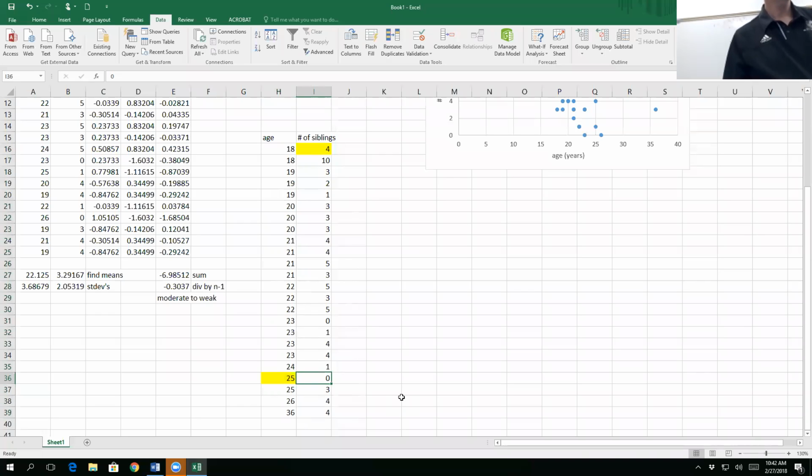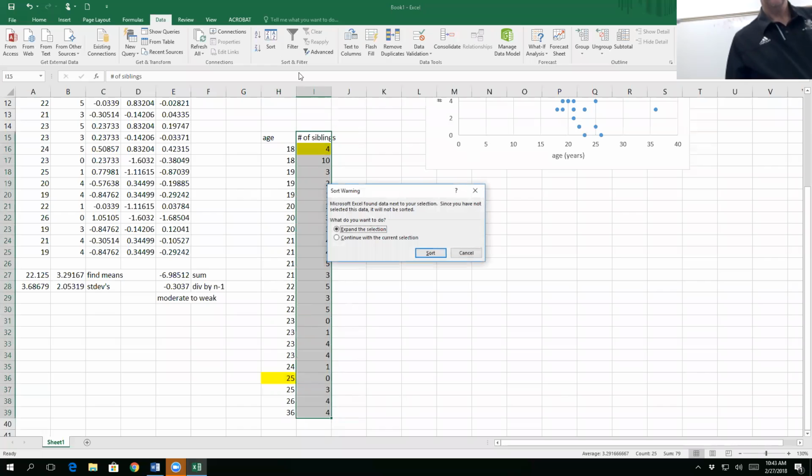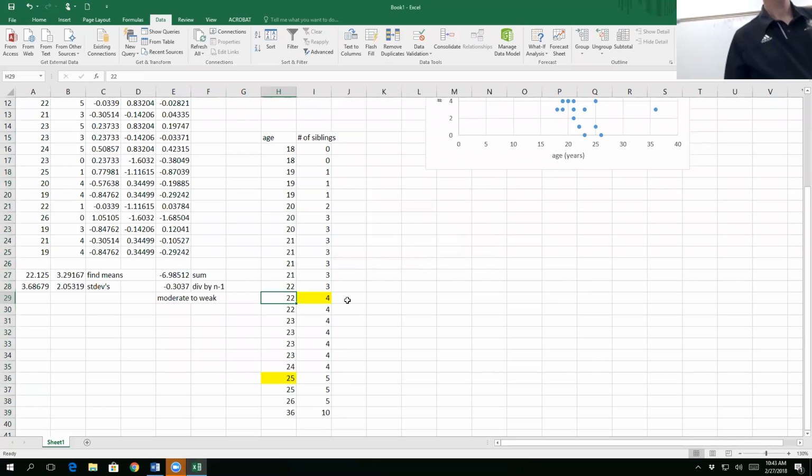Now, that was you, right? You're 25? Yeah. So we just changed you from 4 siblings. Now you're an only child. Okay? Now, if we do this here with the siblings again, continue, that 4, this is Jordan's, now 4. Jordan's 4 got associated with one of you 22-year-olds. Okay? And maybe you do have 4, I don't know. But at any rate, you've got to be careful with that kind of stuff.